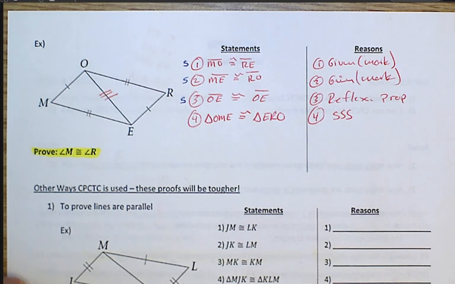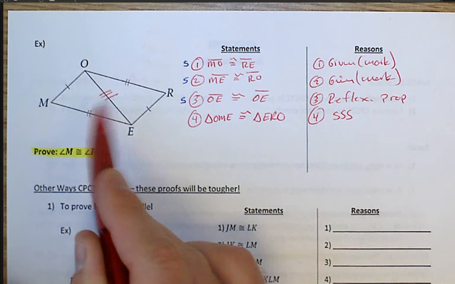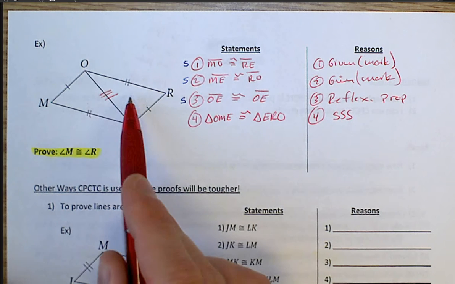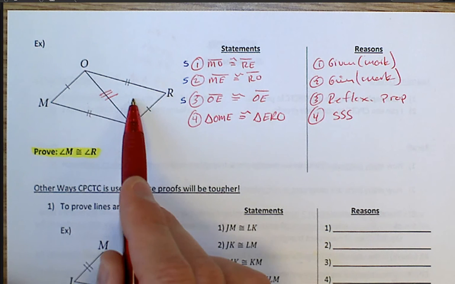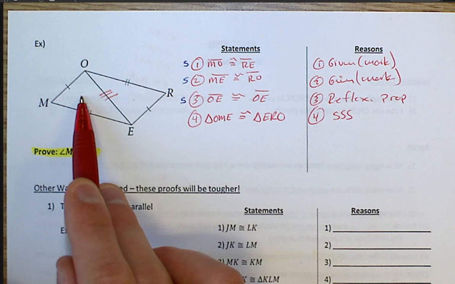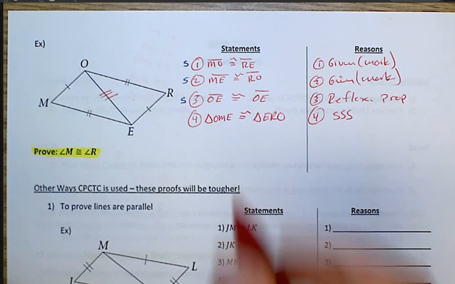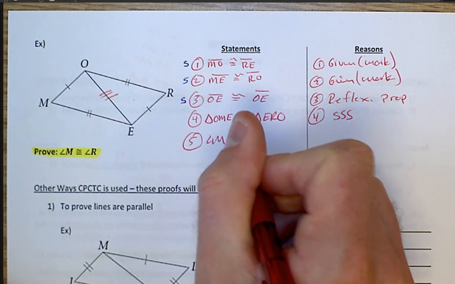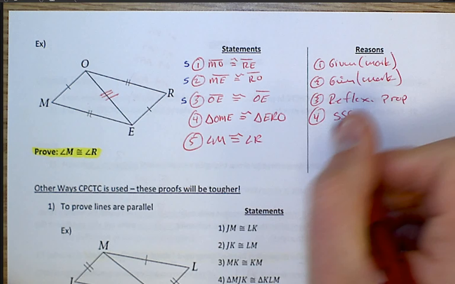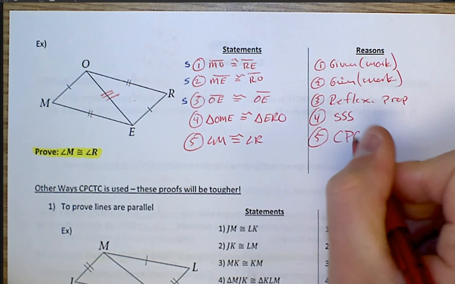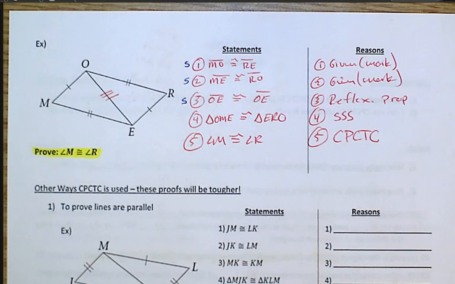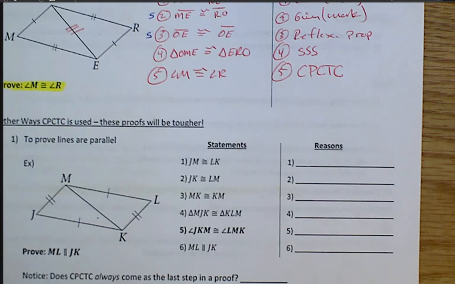So I've just proved that these two are congruent, which means everything about them, all 3 sides of this triangle and all 3 angles of this triangle are congruent to all 3 angles and sides from this. So I can say now angle M is therefore congruent to angle R because of CPCTC. Boom. Done.